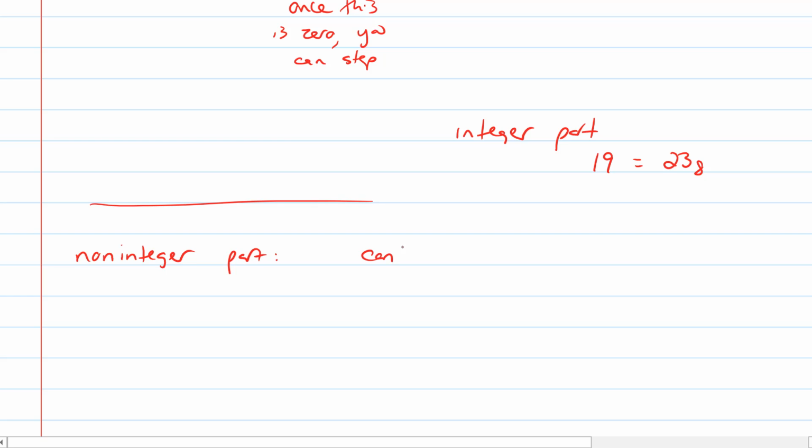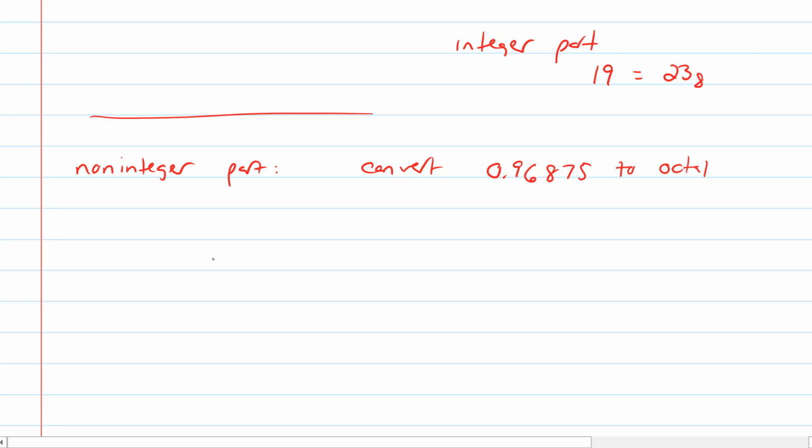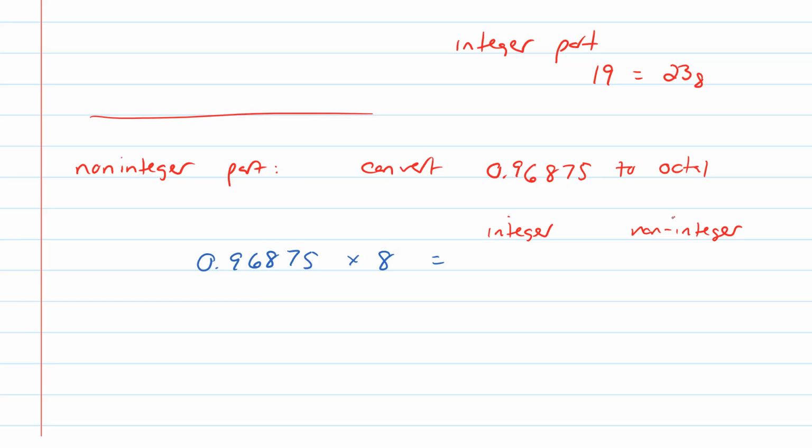We want to convert the 0.96875 to octal, and we're going to use the method of repeated multiplication. We take the 0.96875 and we multiply it by 8, and we break it up into the two parts, the integer part and the non-integer part. 0.96875 times 8 gives 7.75.